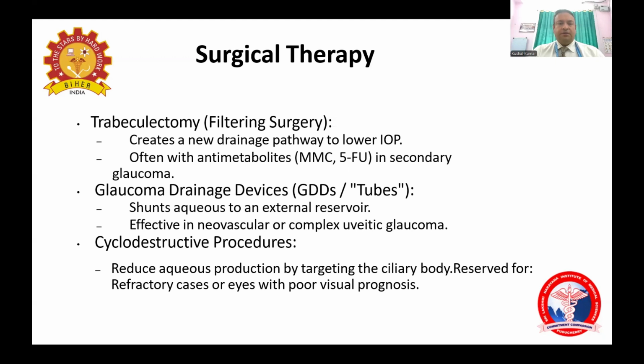End stage, especially in cases of painful blind eyes, one could actually do a cyclodestructive procedure, which is with the help of a diode laser. And this works by reducing the aqueous production by directly targeting the ciliary body. Please remember, this is reserved only for refractory cases or eyes with poor visual prognosis.